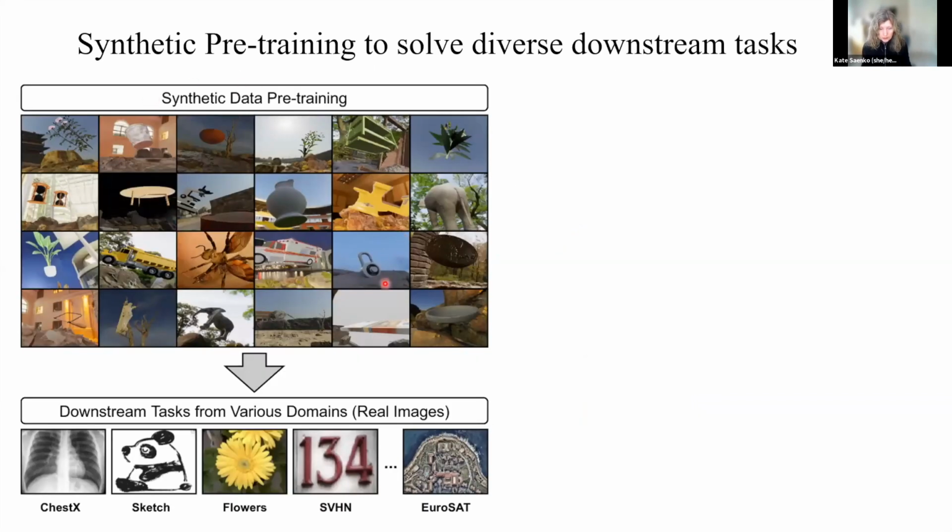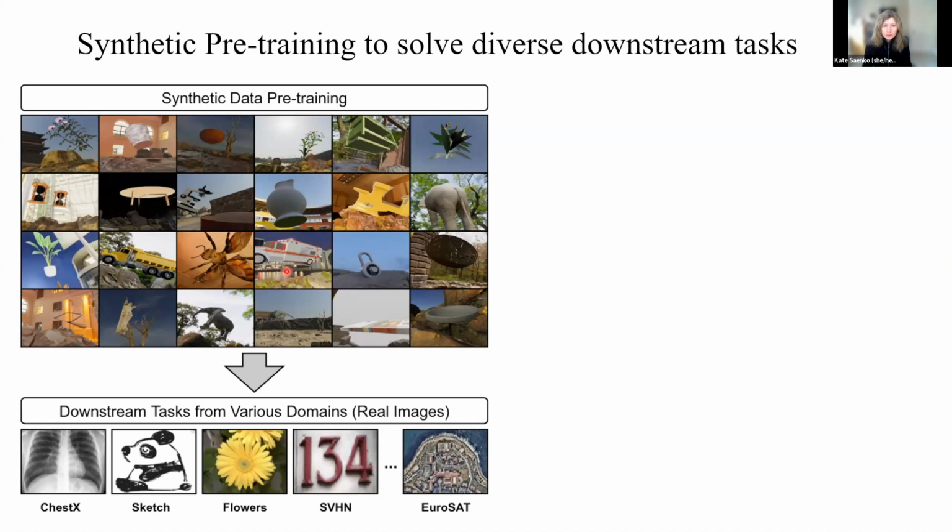So the synthetic pre-training data looks like this. We are trying to approximate something like ImageNet because we have different objects on varying backgrounds, and we can move the objects around. We can randomize certain parameters such as their size in the image, their textures, the kind of lighting that we have in the scene.